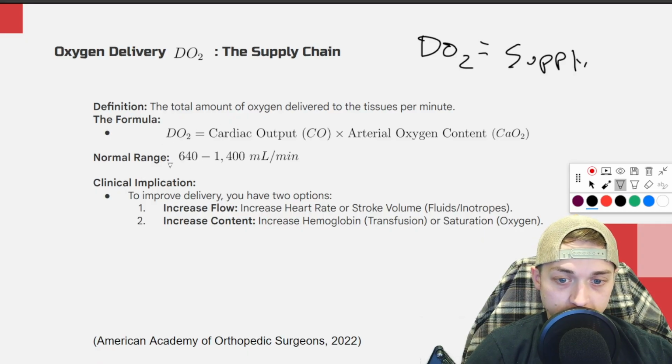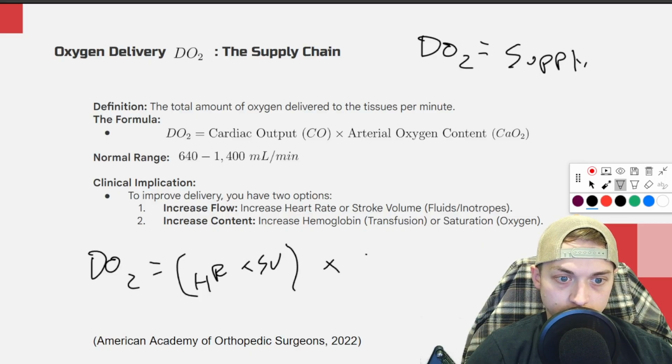The average range for a normal person is about 640 to 1400 mL per minute, and DO2 is made up of cardiac output times arterial oxygen content. So another way of writing this would be DO2 equals heart rate times stroke volume times our arterial oxygen content, right?